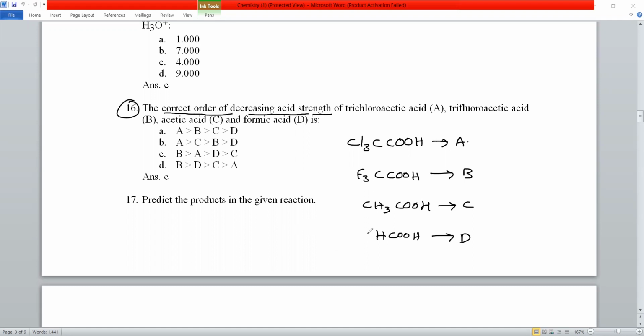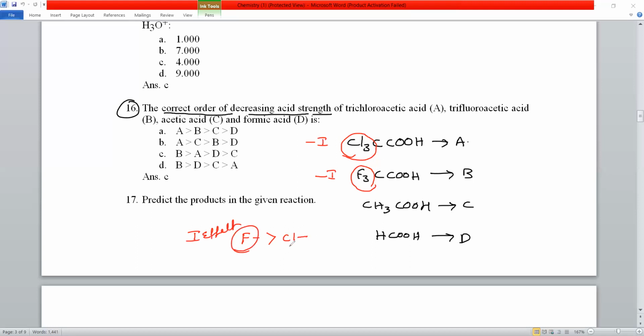Acidic strength. Since we know very well, here it is a withdrawing group, and here should be a withdrawing group. The strength of the withdrawing group, the -I effect, is more in both cases. Fluorine will have greater strength than chlorine in the -I effect. So this is a strong withdrawing group.